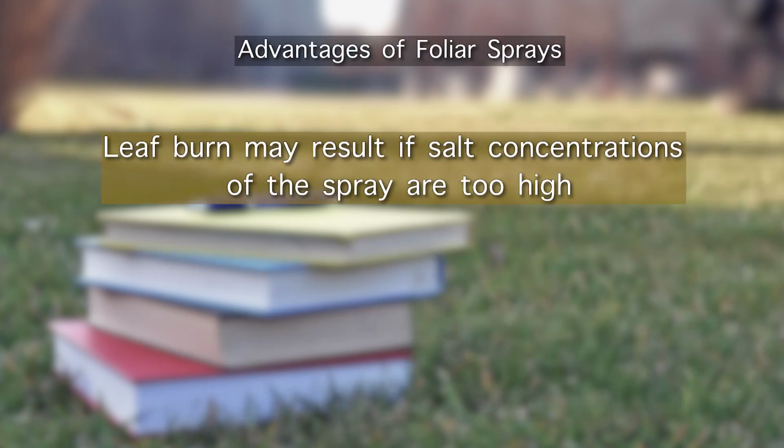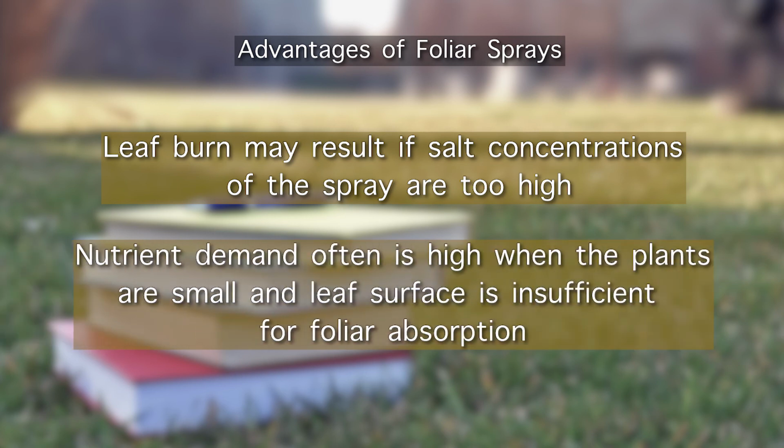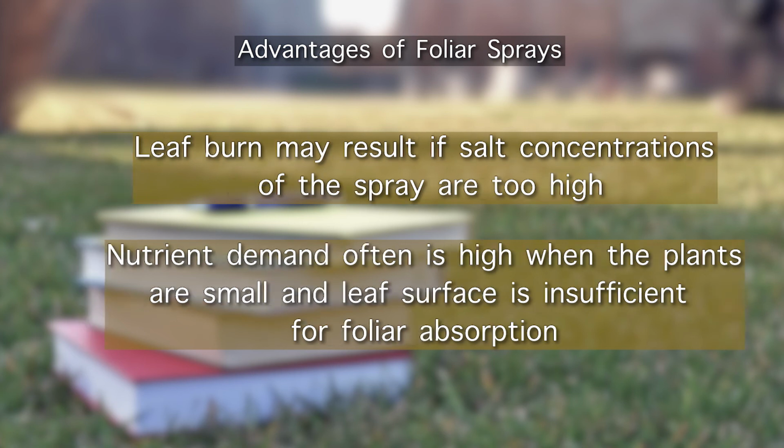But the disadvantages include, sometimes if there is an excess of salt, leaf burn or salt toxicity. And sometimes the nutrient demand is so high and the plants are small that the leaf surface is insufficient to meet the actual requirement of that microelement, so there will be deficiency symptoms.